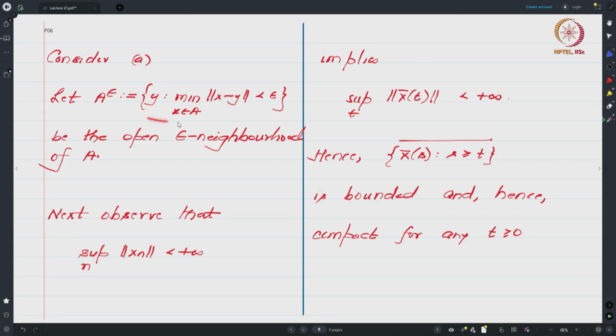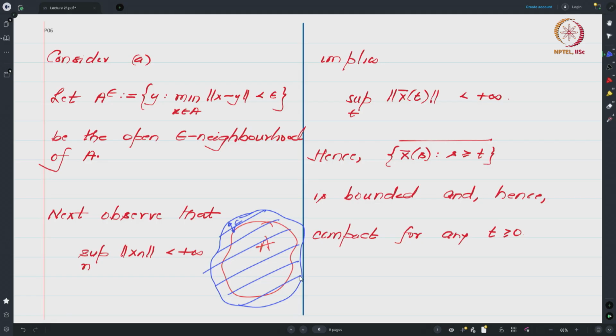One can see that this collection will indeed include every element in A. On top of that it will also include elements which are epsilon away from A. So if you think this is your set A, then your epsilon neighborhood will basically be an expansion of this. So the blue shaded region is your A epsilon.